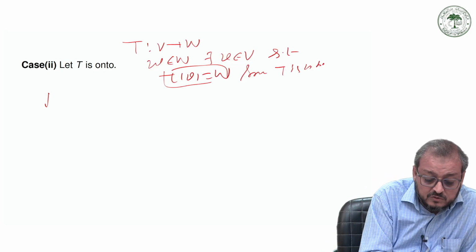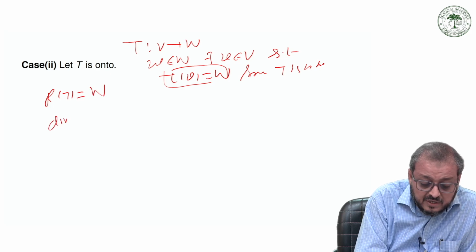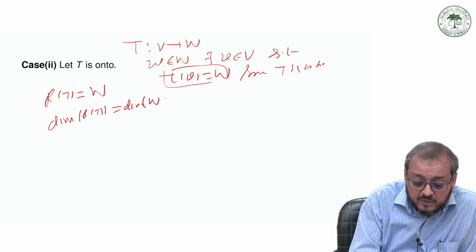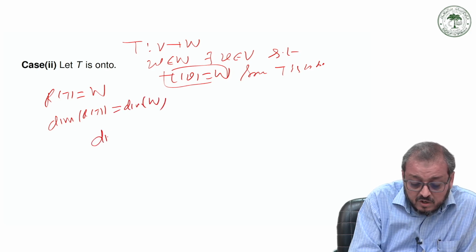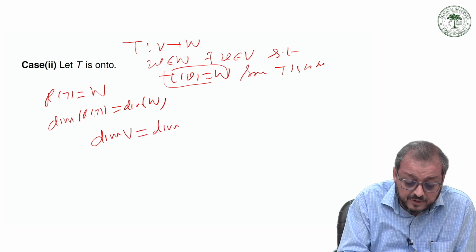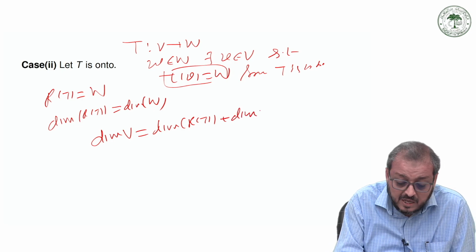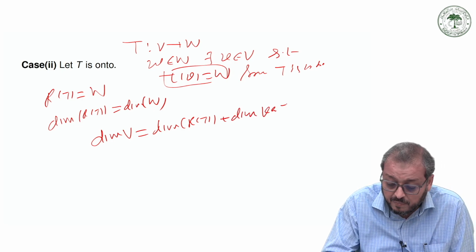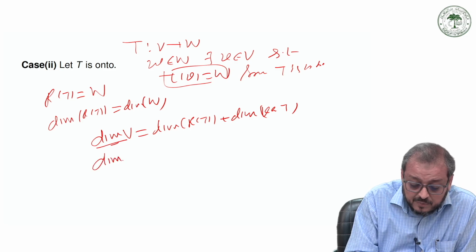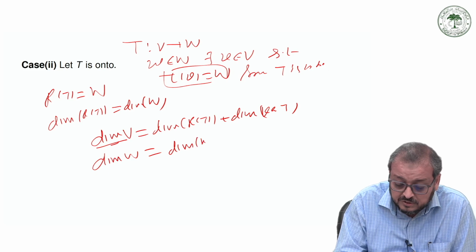T is onto means we can also say that the range of T is the same as W, and then the dimension of R(T) is the same as the dimension of W. Again by the rank-nullity theorem, the dimension of V can be written as the dimension of R(T) plus the dimension of the kernel of T, and the dimensions of V and W are the same. So, this can be written as the dimension of W is equal to the dimension of R(T), which equals the dimension of W because T is onto.